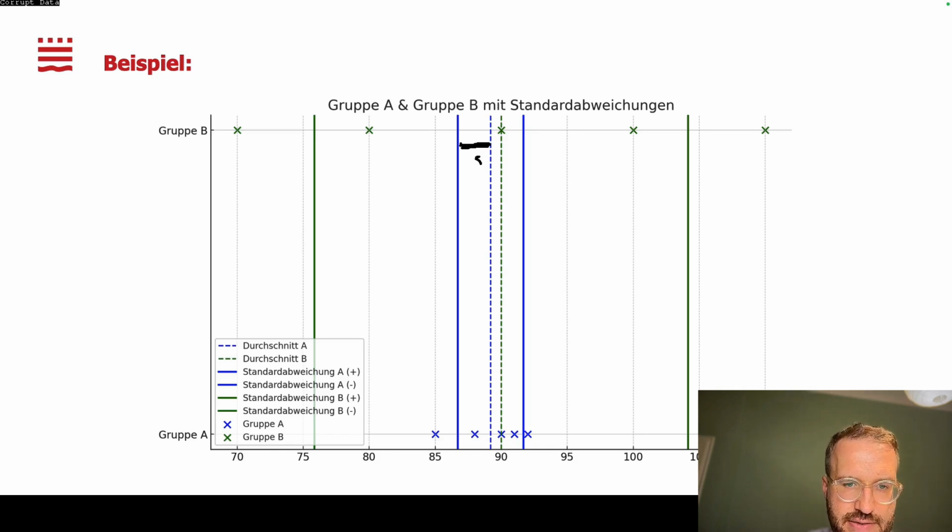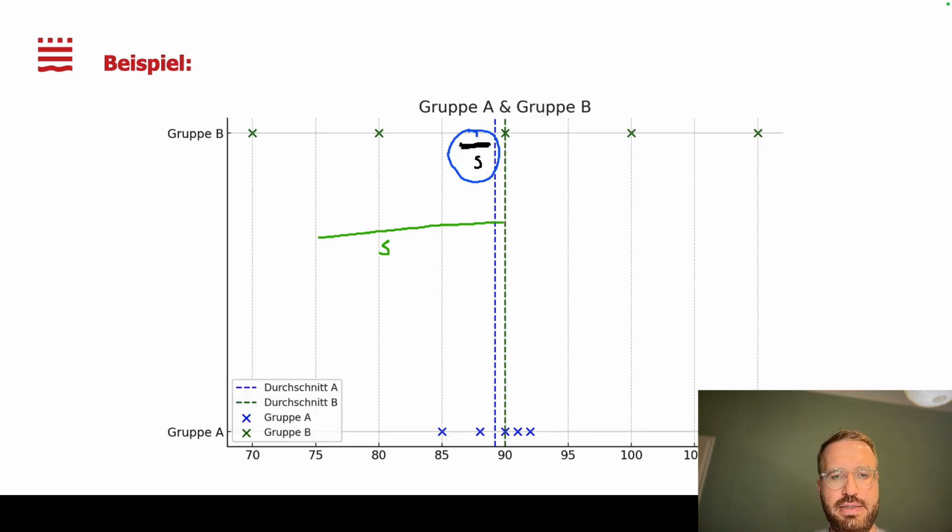This is our s, the sample standard deviation of the blue, that is Group A, and this distance here is the sample standard deviation of Group B. And there we see clearly that the sample standard deviation of Group B is significantly larger because it spreads further around the mean. And exactly, you will practice this again shortly with an example.